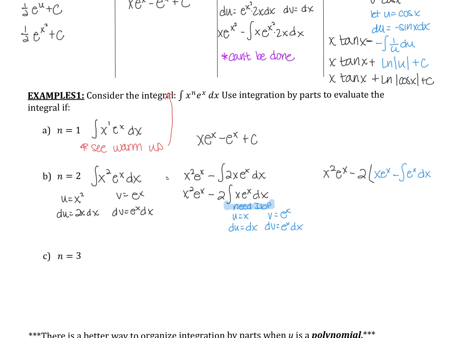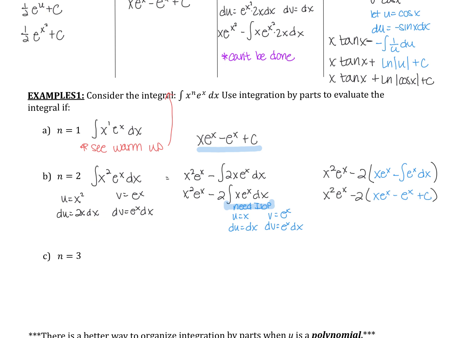Well, we knew that was going to be the antiderivative of that, and we could take it one step further because we already saw this problem, or this answer right here, the result of this right here. So this would be x squared e to the x minus 2 times x e to the x minus e to the x. And I'm going to go ahead and put my plus c in here.